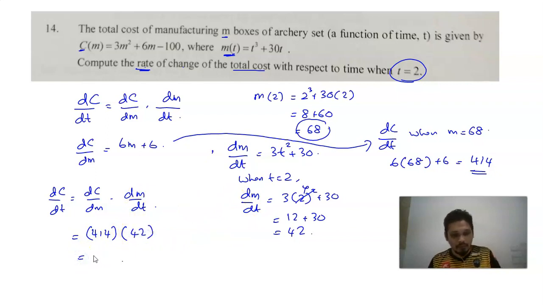So 414 multiplied with 42 equals 17388. Okay, so for the question, the total cost, compute the rate of change when t equals 2, dC/dt equals 17388.